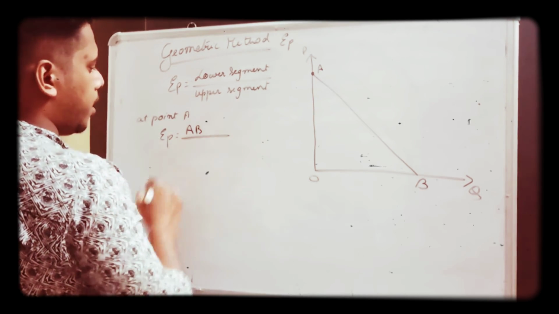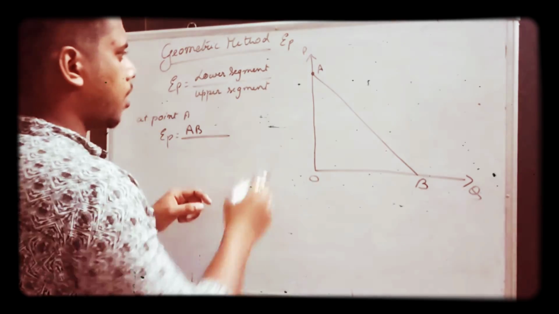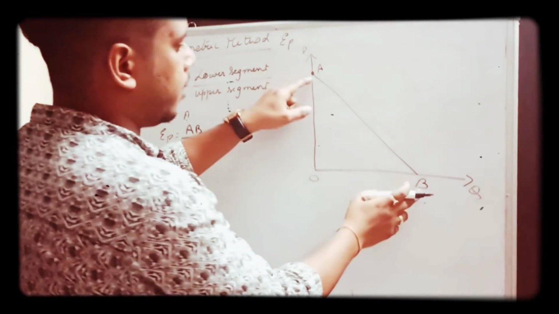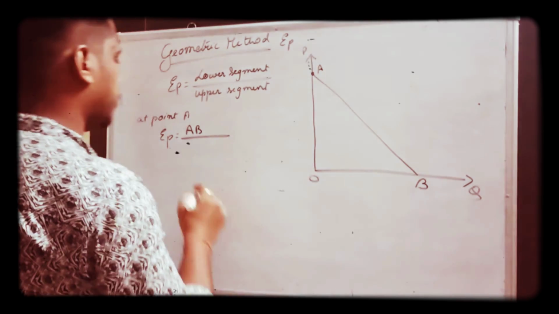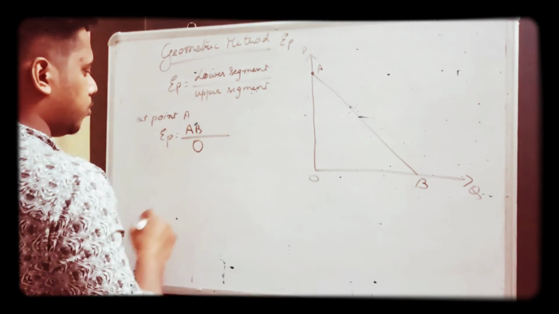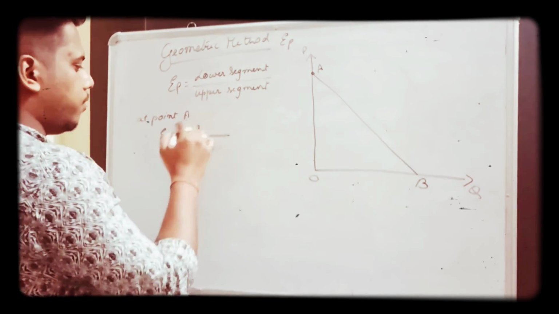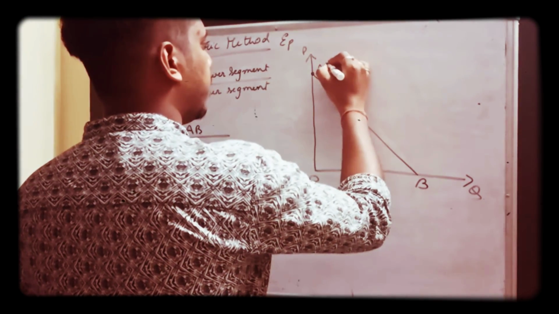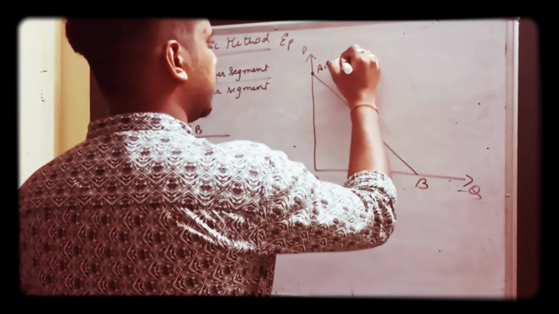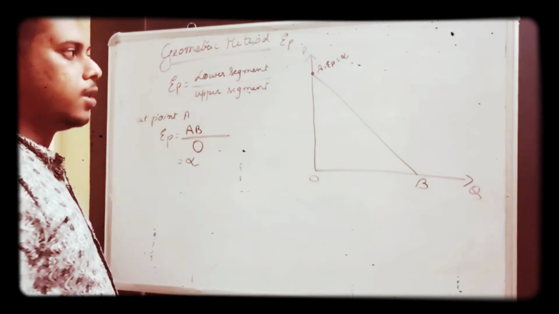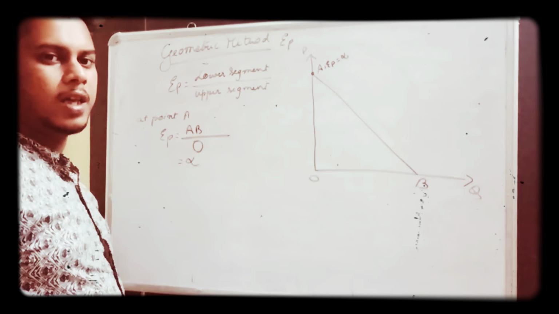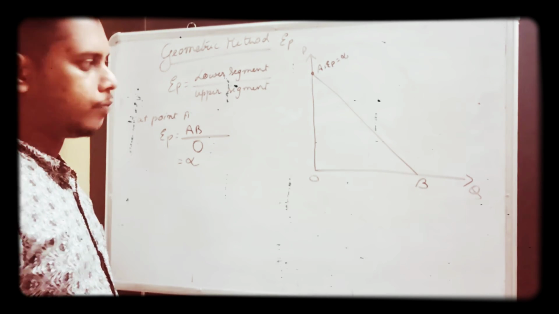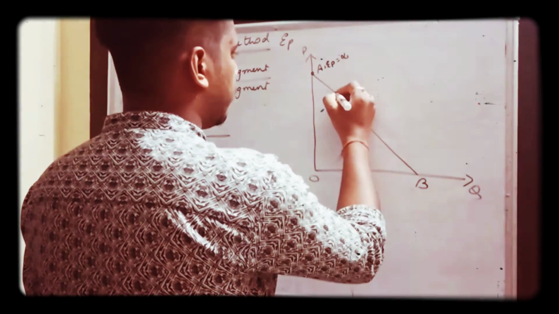The upper segment over here is 0. You don't have the upper segment. The entire curve comes under the lower segment, so it will be 0. AB divided by 0 gives infinity. So elasticity at point A is infinity, that is, perfectly elastic.